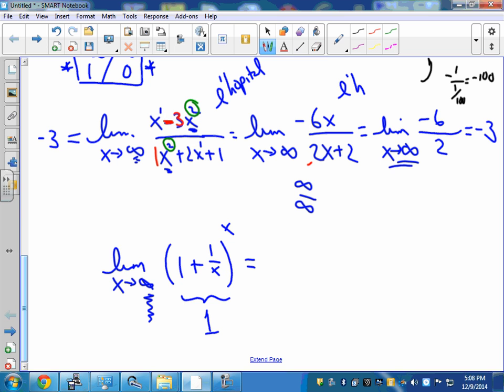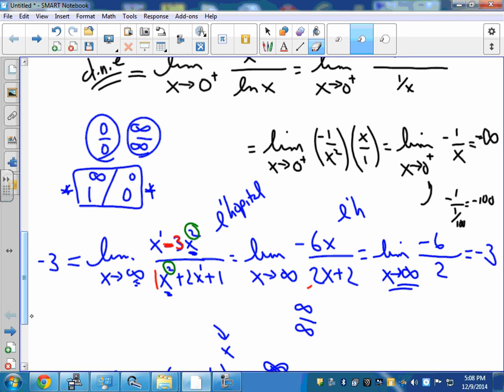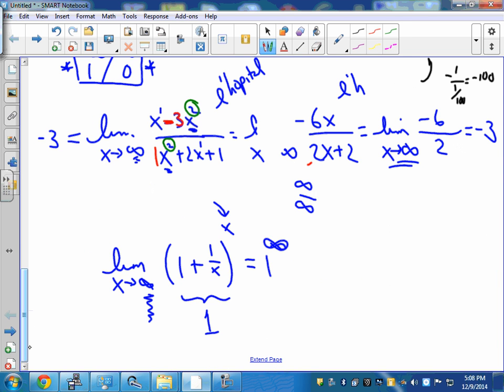We have 1 plus 1 over x, and the exponent is obviously big, so it looks like 1 to the infinity power. But that's not the answer. The answer is, if you remember, e. And I did that derivation in class. Again, not on the test, probably not in May. So there's L'Hopital.